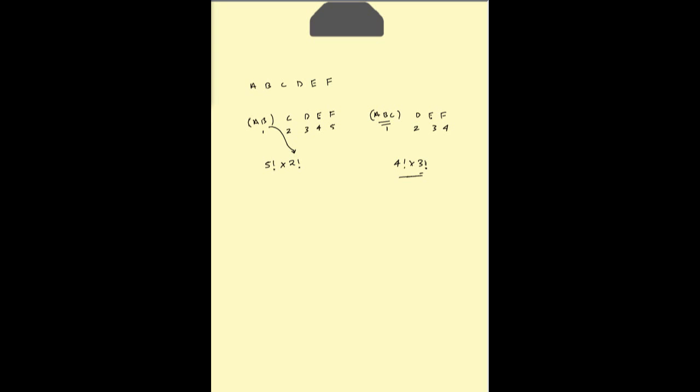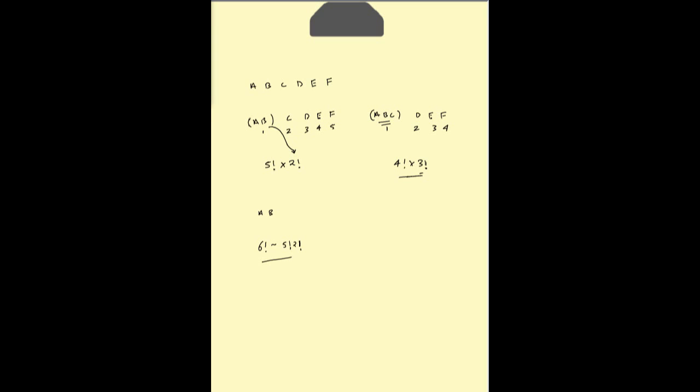What if I say A and B are never together? There are 2 methods to solve this. One is you find the total number of ways of arranging A, B, C, D, E, F, which can be done in 6 factorial ways, minus the number of ways in which they are together.